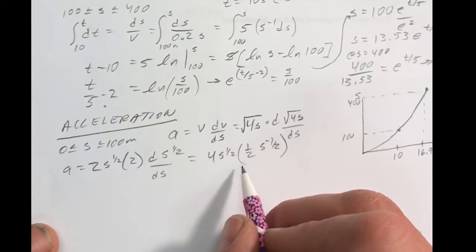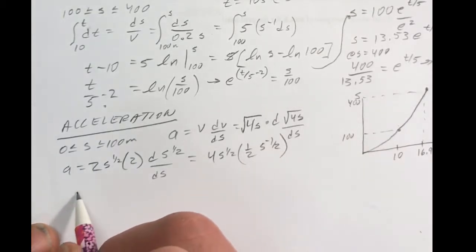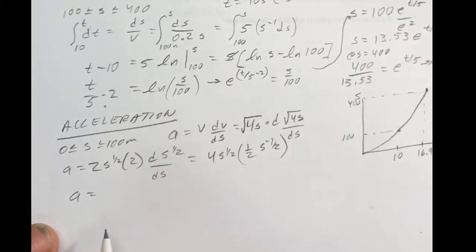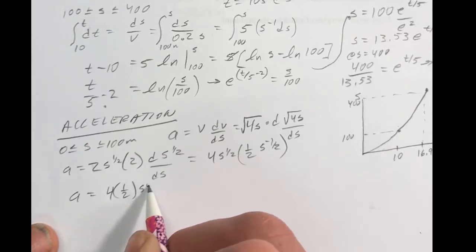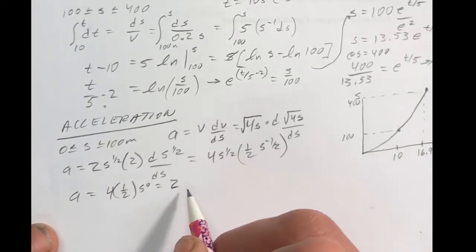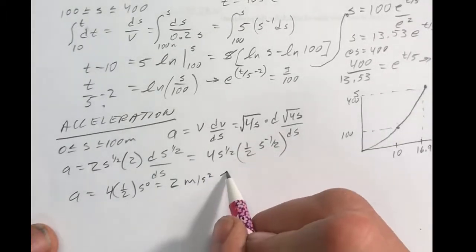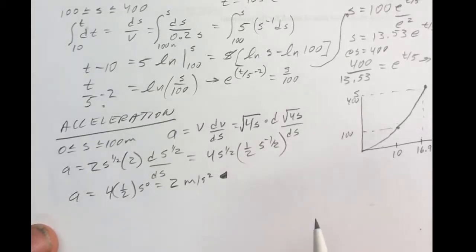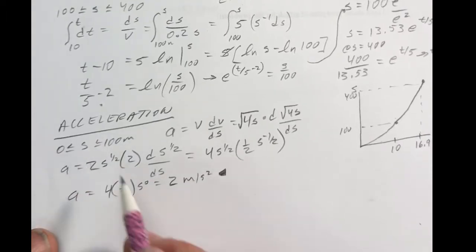When we multiply s to the 1/2 times s to the negative 1/2, what do we get? We add the exponents and we get s to the 0. So this comes out 4 times 1/2 times s to the 0, which equals 2 meters per second squared. Okay, that's great. And that's a constant. That's cool. So we found acceleration from s equals 0 to 100.